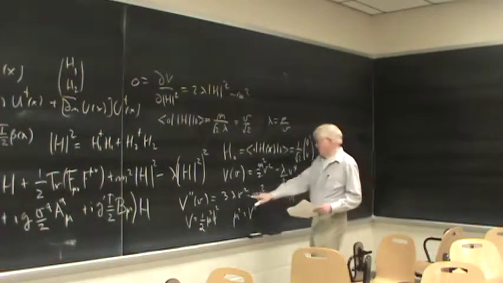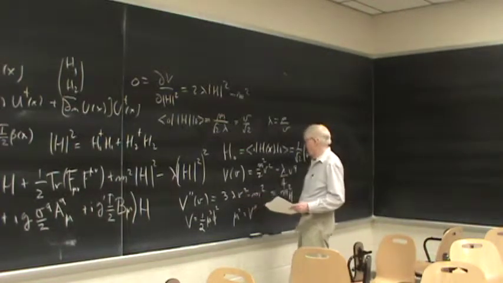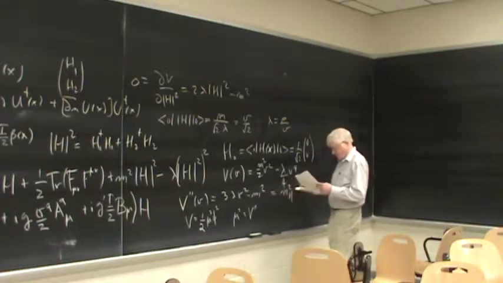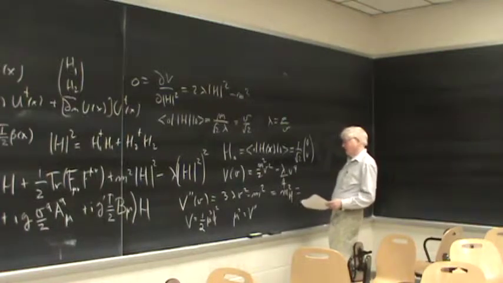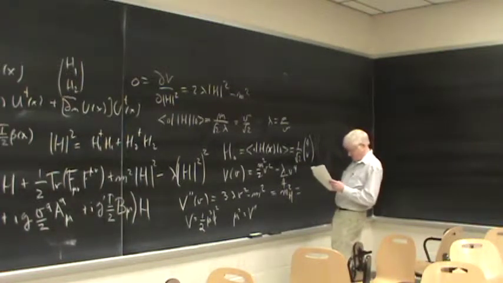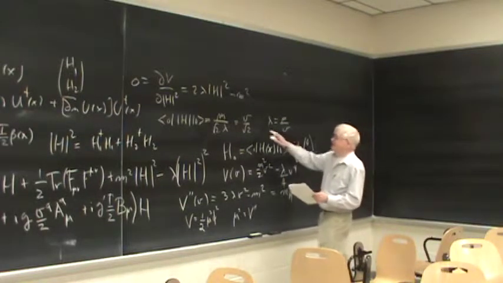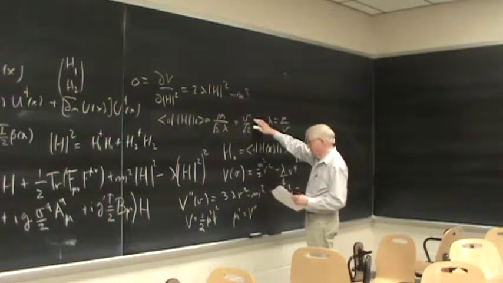And so if we stick lambda in here, let's see, let me get this straight in my notes. Let's instead stick in v. V is m over lambda.